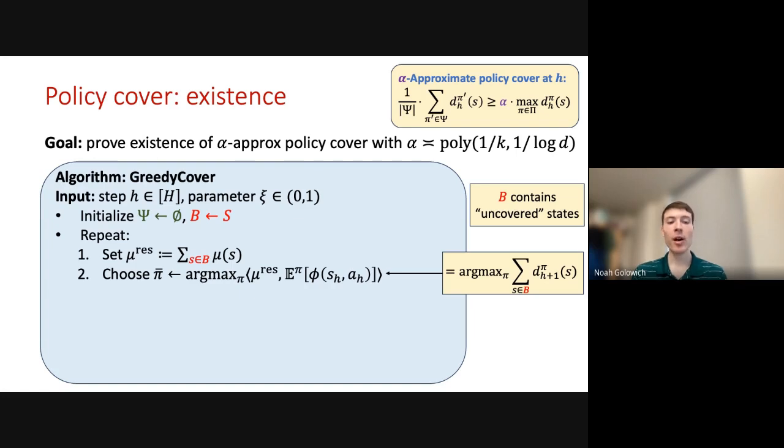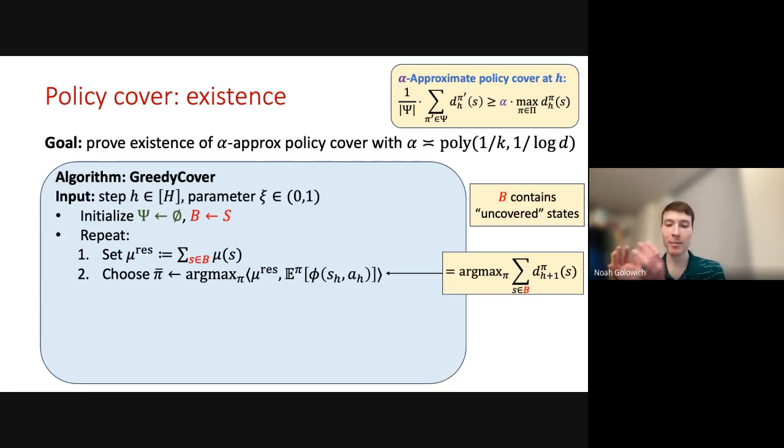Then we're going to choose a policy pi-bar, which maximizes the following quantity. In symbols, it's the expected value of the feature vector at step h, inner product with the residual vector. But really what this is doing, by using the definition of linear MDP, is maximizing the total probability with which we visit a state in the uncovered set of states. So this is a natural thing to do.